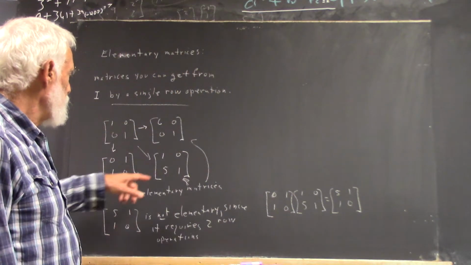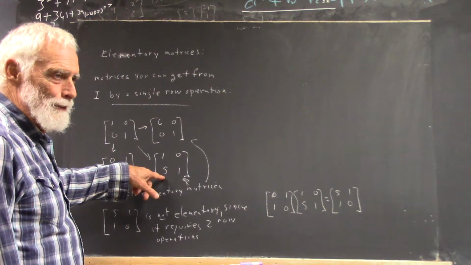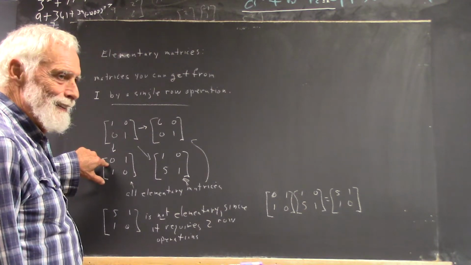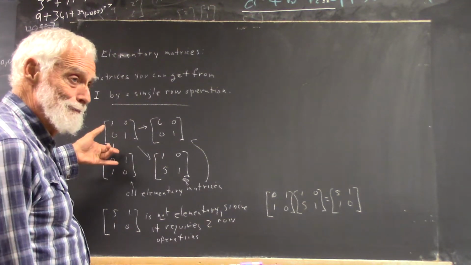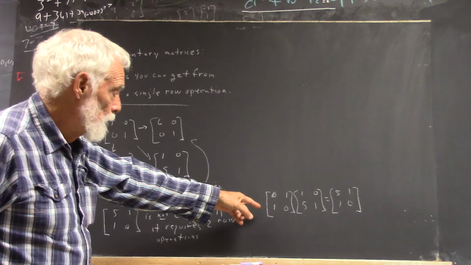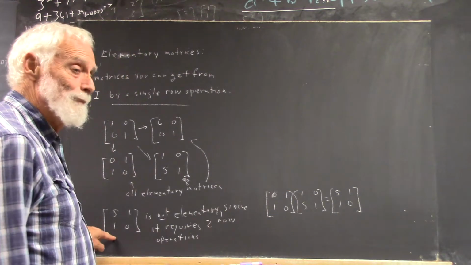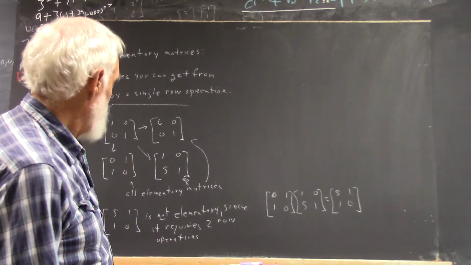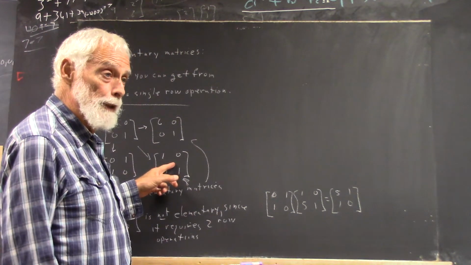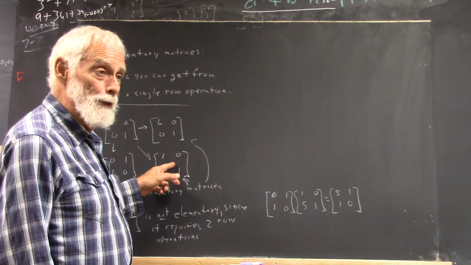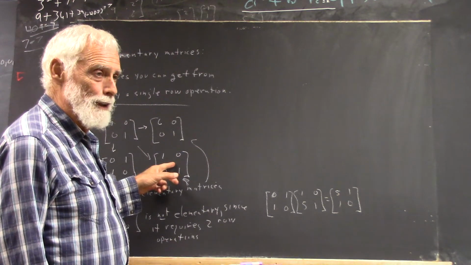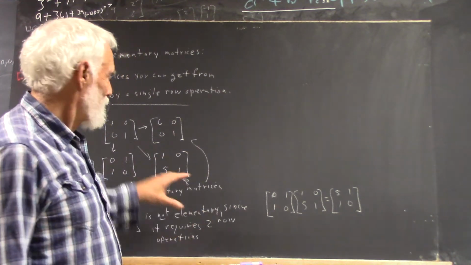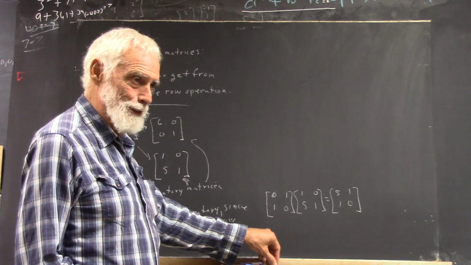If I multiply by the matrix that adds 5 times the first row to the second, and this matrix inverts the rows, multiply the row inverting matrix by this, I invert the rows. Okay? If I multiply this matrix by any other matrix, I end up with the matrix I would get if I added 5 times the first row to the second. Okay? So these elementary matrices do those sorts of things.